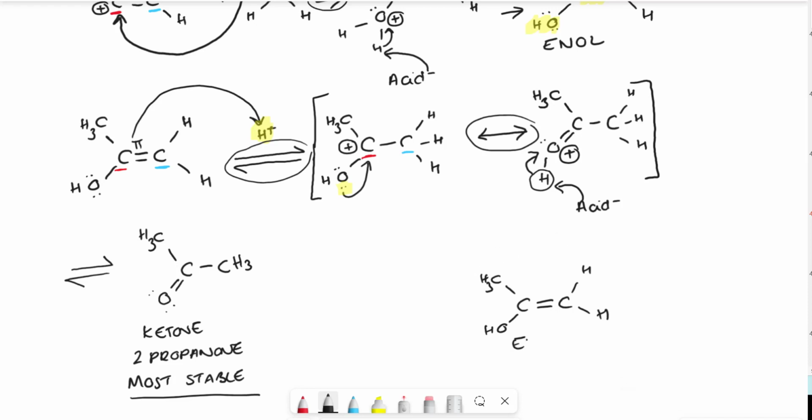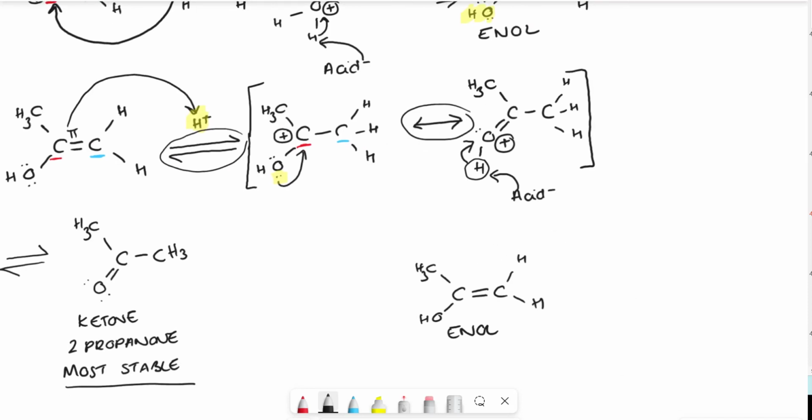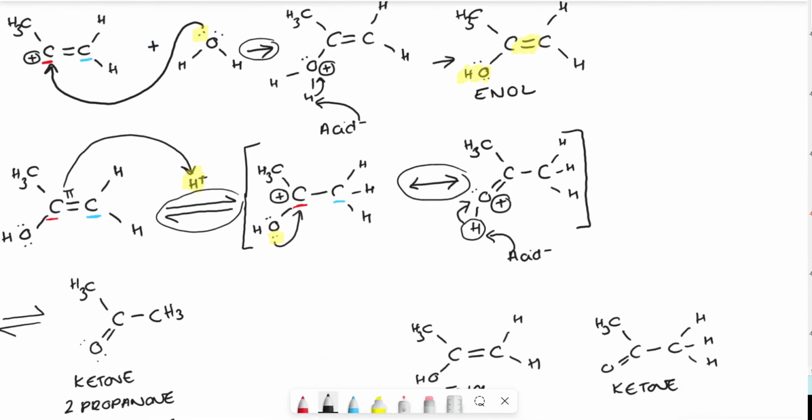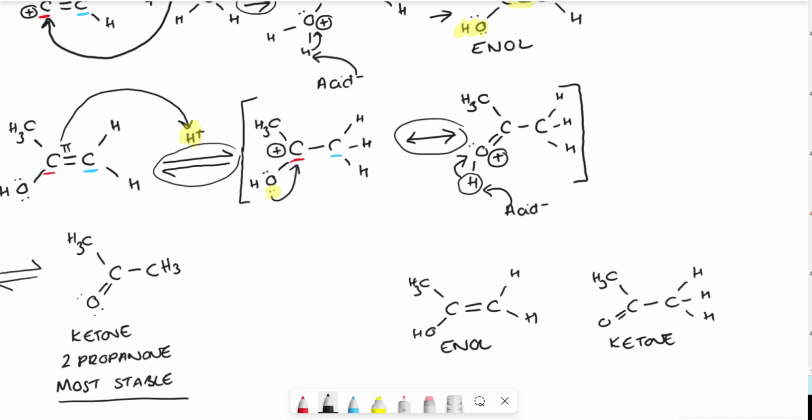So this was our initial enol, and this is our new ketone. CH3. So really, bar this addition of a hydrogen, the main thing that has changed is you've gone from the double bond here to your double bond here.